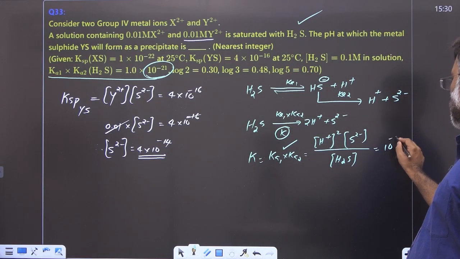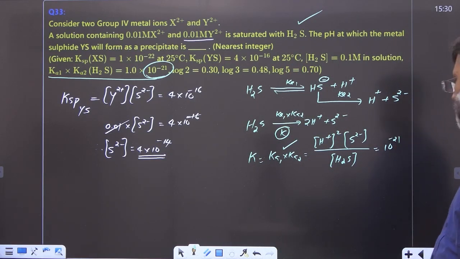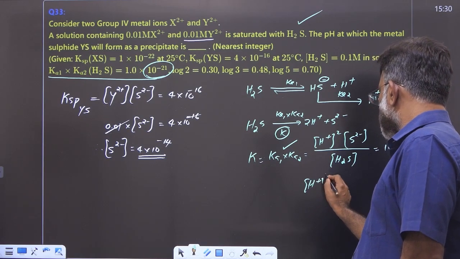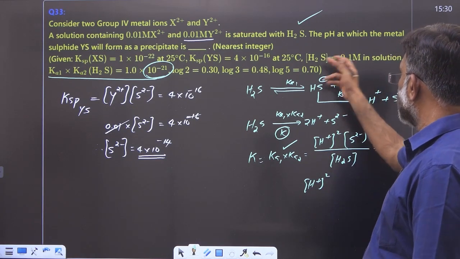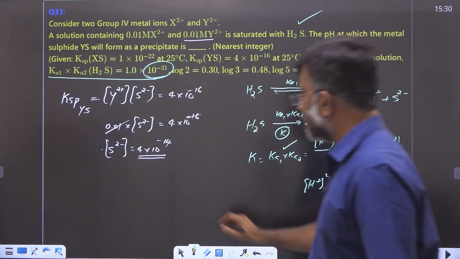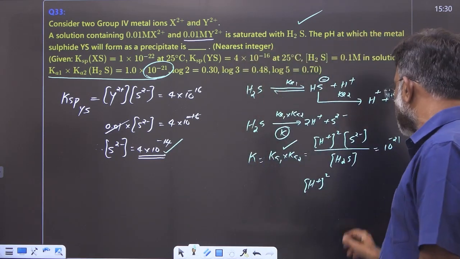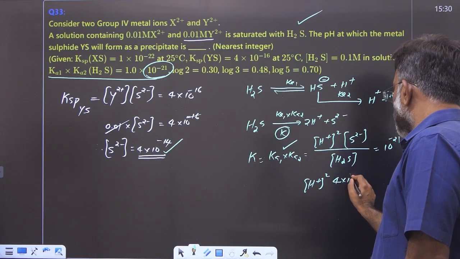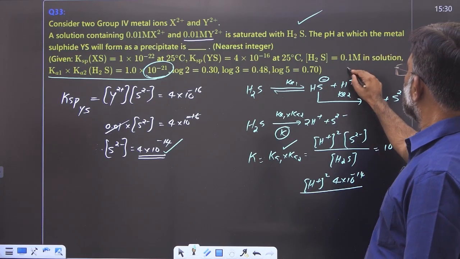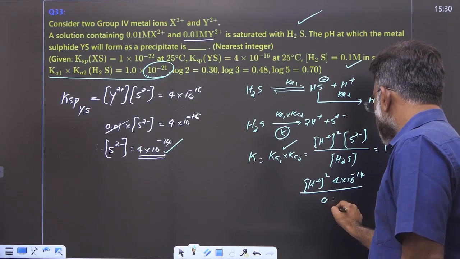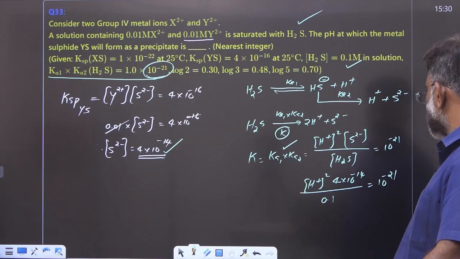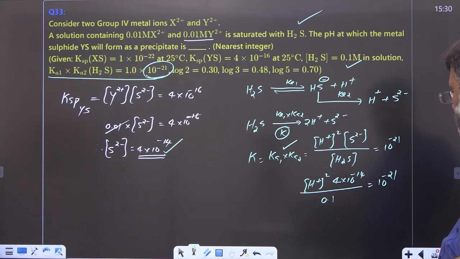That means H plus concentration square, which we don't know and from which we can get the pH, into sulfide concentration, we got the sulfide concentration from here, that is 4 into 10 power minus 14, divided by H2S concentration 0.1, and that is equal to 10 power minus 21, isn't it?